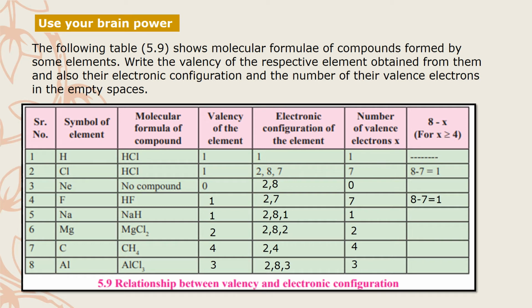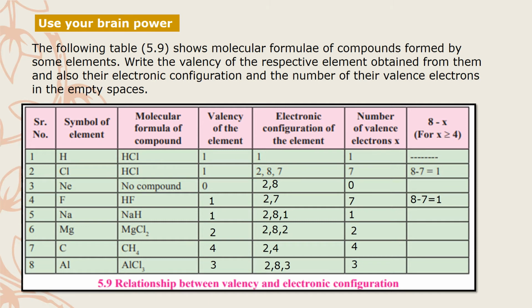Here the symbol of the element is H, the molecular formula will be HCl, and the valency of the element will be 1. The electronic configuration of the element is 1 and the number of valence electrons will be 1. If the number of valence electrons is greater than 4, then we have to subtract it from 8, that is 8 minus x. Now the symbol of the element is Cl.